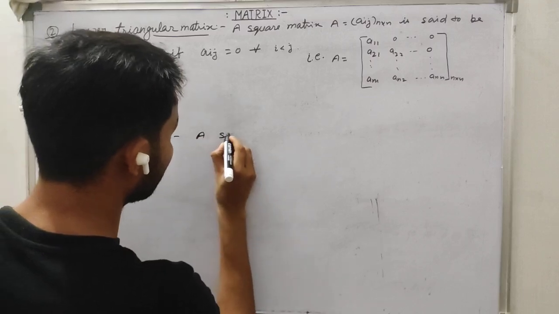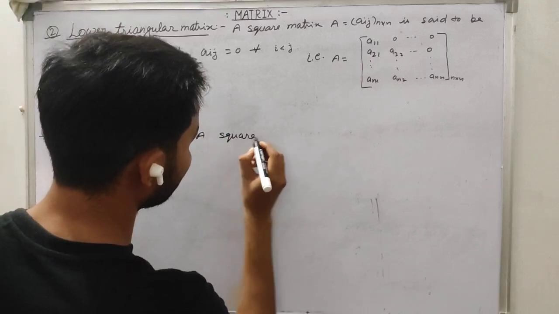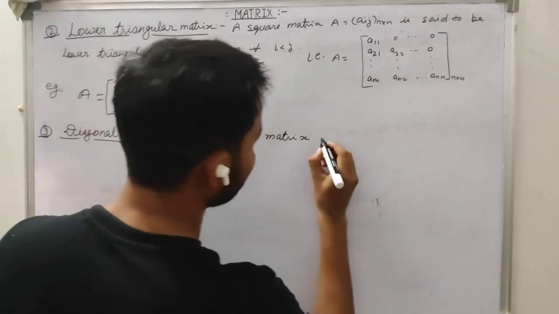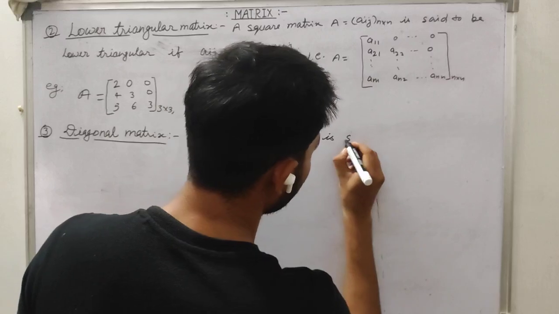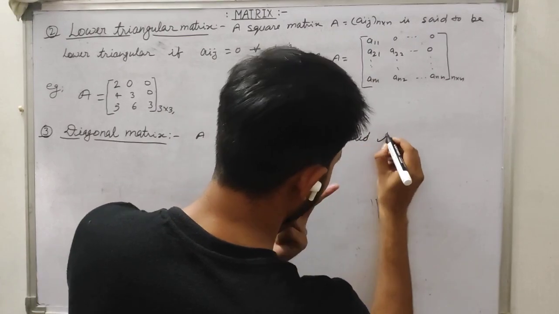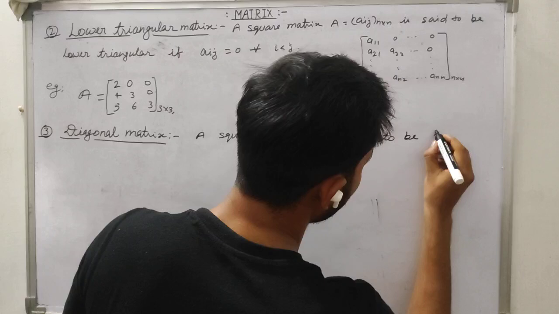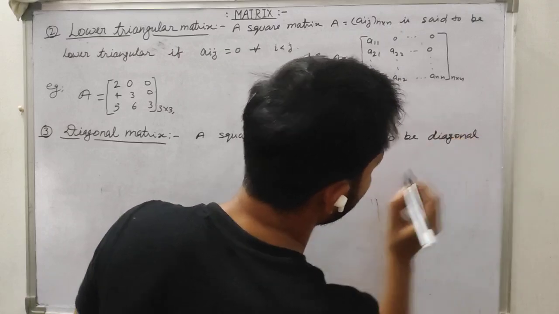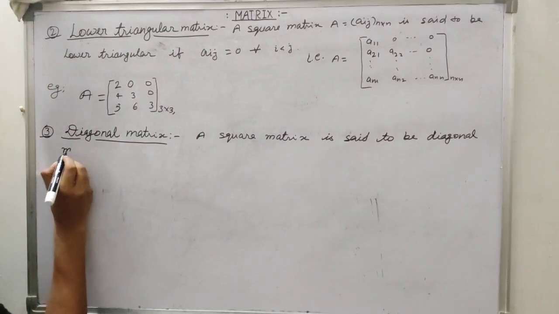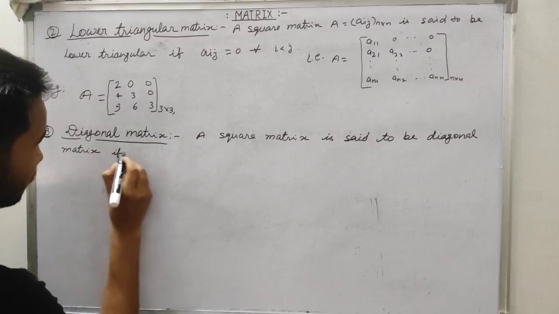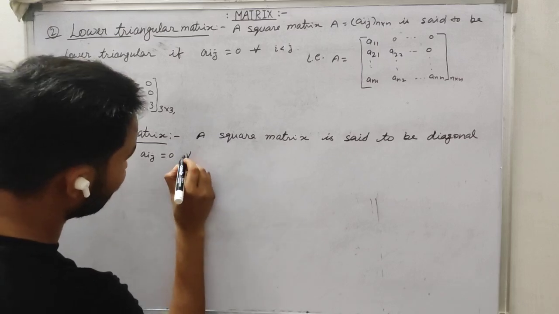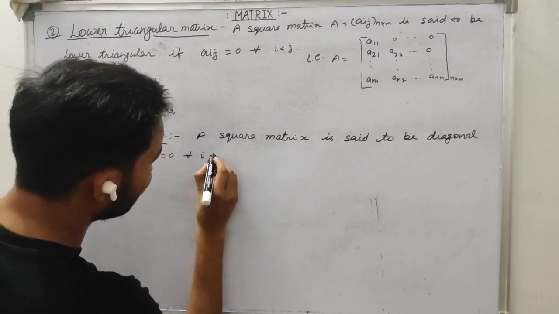A square matrix is said to be a diagonal matrix if Aij equal to 0 for all i not equal to j.